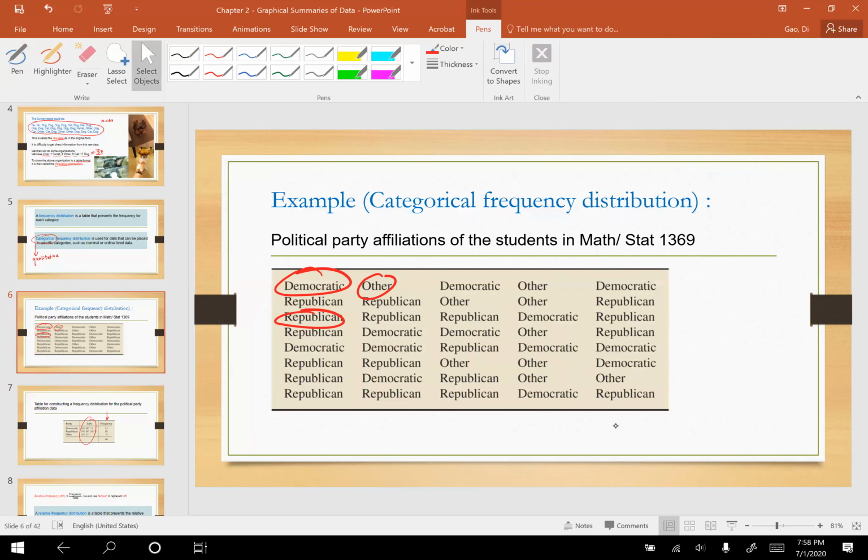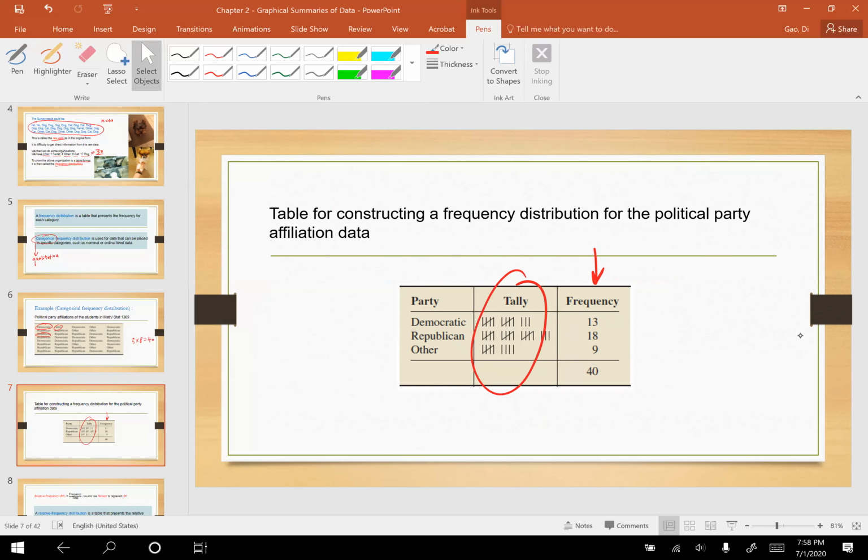The sample size should be 40. Now let's check. We have 5 columns and 8 rows, so 5 times 8, that's 40. No problem here.